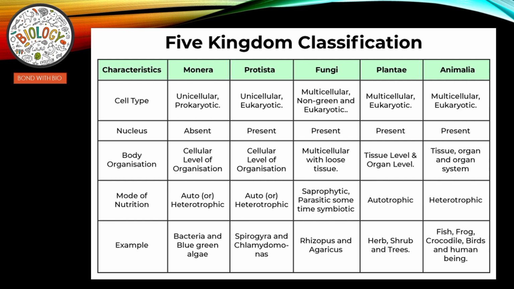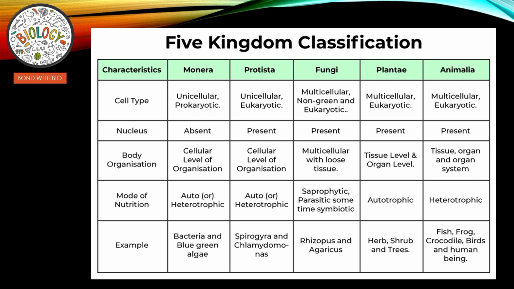For Monera, it is unicellular, that is prokaryotic. Then Protista is also unicellular, but they are eukaryotic. Fungi are multicellular, and the cells are eukaryotic in nature and non-green too, as they mostly don't exhibit autotrophy or photosynthesis.